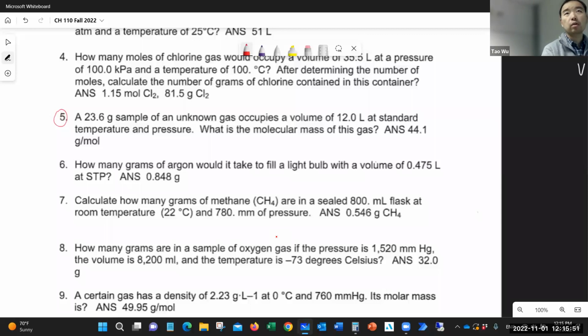With the ideal gas law, PV equals nRT, we now have a volume, and we have the standard temperature and pressure. But the point is we do not have the molar mass.